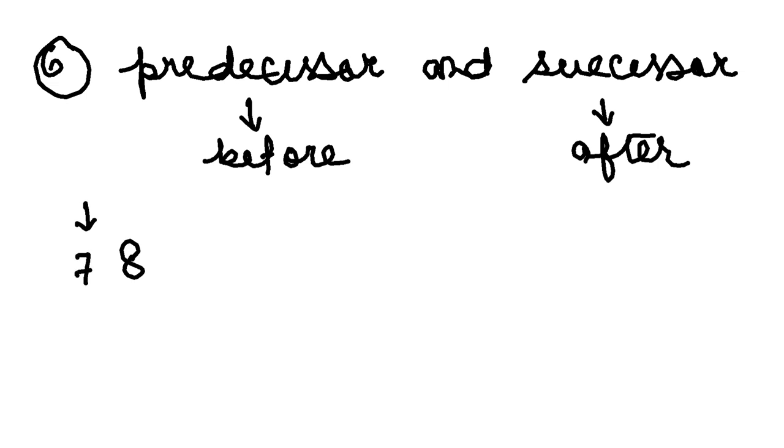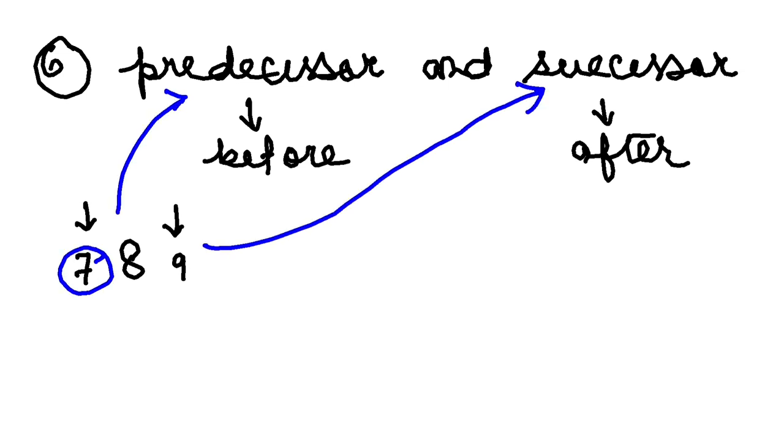What is the immediately after integer? 9. So 7 is the predecessor and 9 is the successor. For 0, let's say, what is my predecessor? Minus 1. And what is my successor? 1. In general, if we have a number a, what is my predecessor?